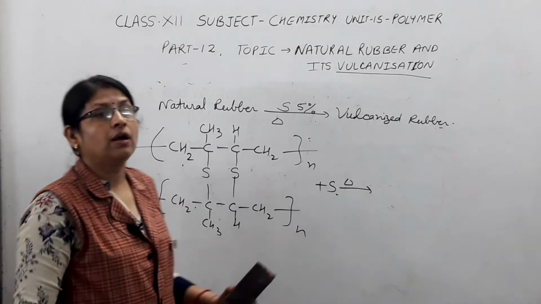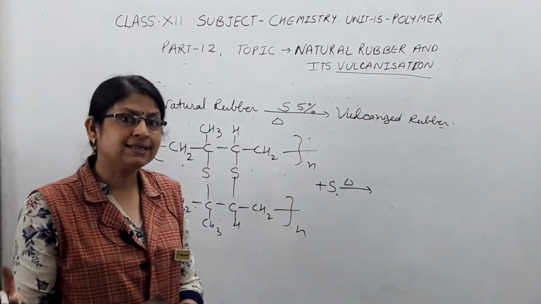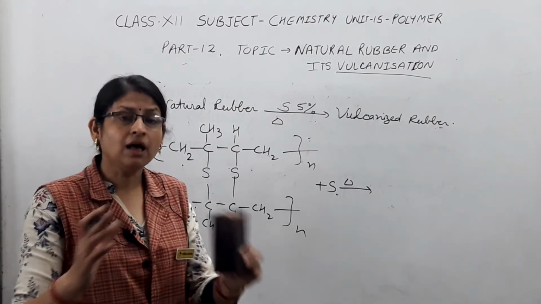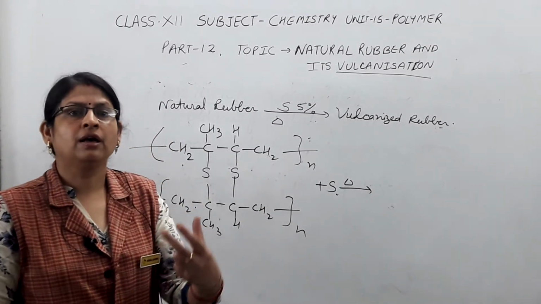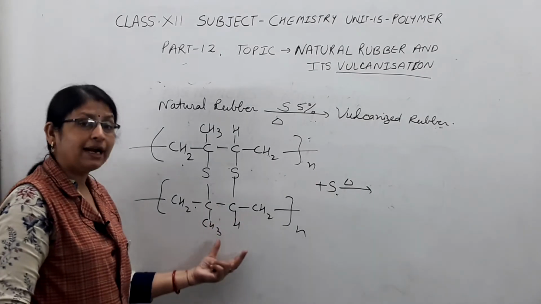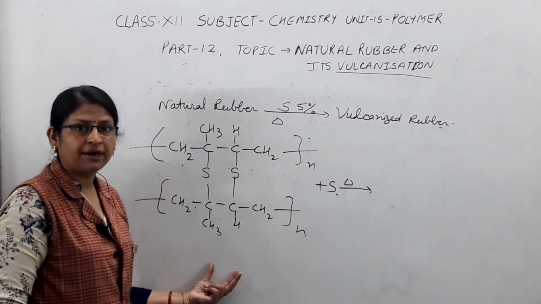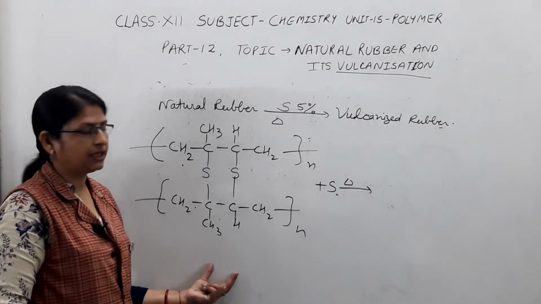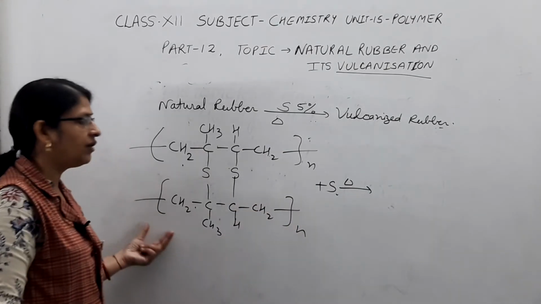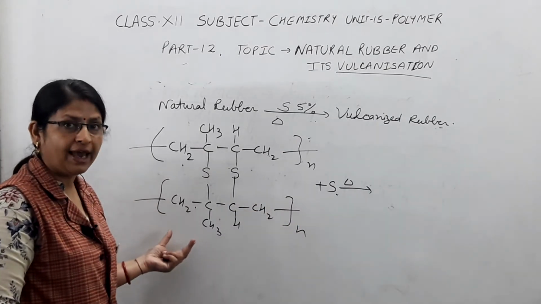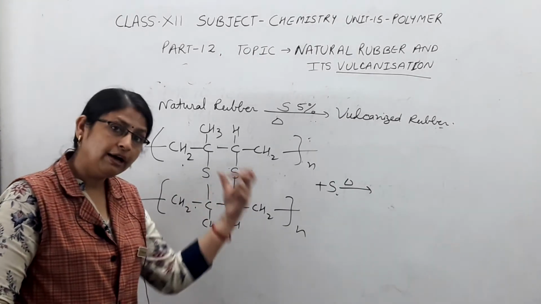You know, rubber is used as tires and as the outer covering of some utensils. At that time vulcanized rubber is used. Natural rubber is very soft in nature. When we heat it in the presence of sulfur, the natural rubber converts to a cross-linked form. As the number of cross-links increases, its property also improves.